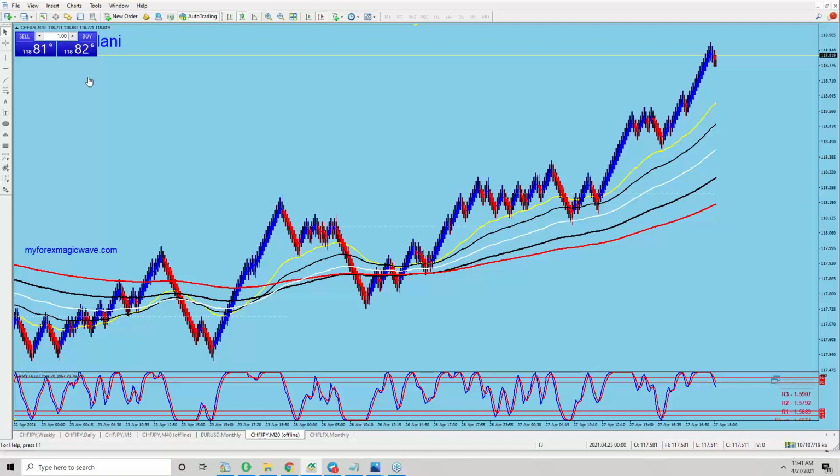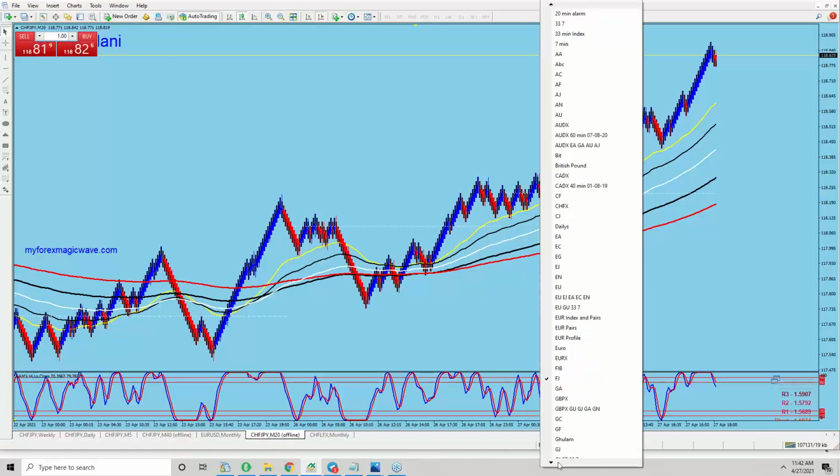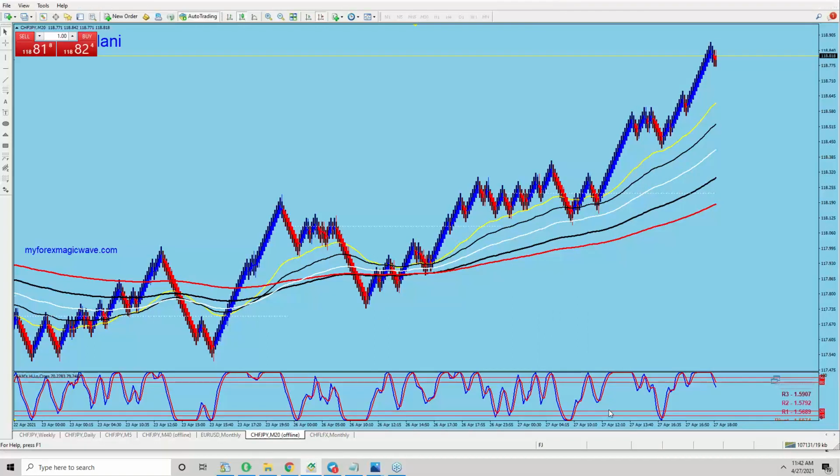So 50, 55 pips here, and then another maybe 50 pips here. So that's 100 pips in 2 days. Franc yen, which I don't even like. After that, GJ, Pound yen, my favorite.